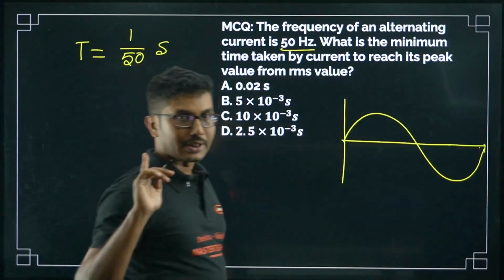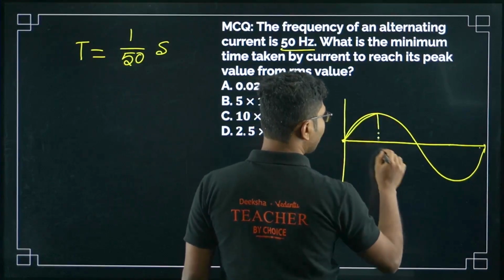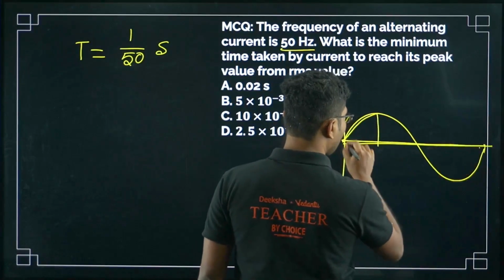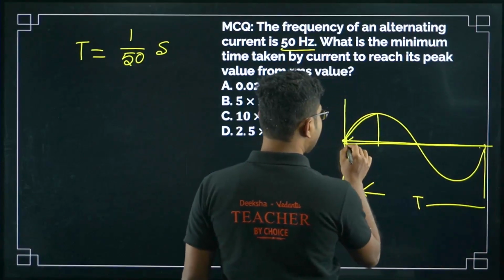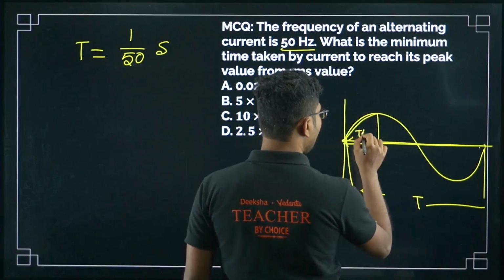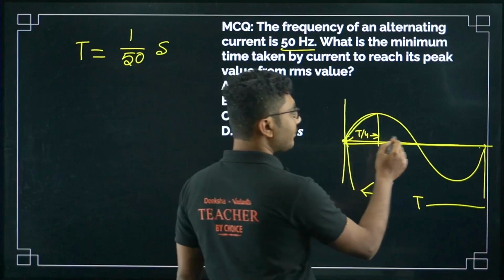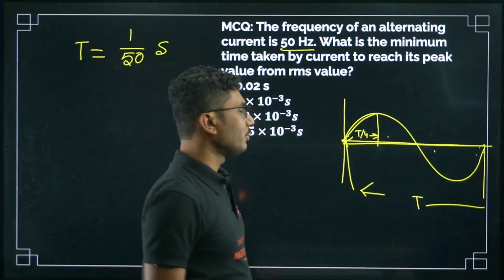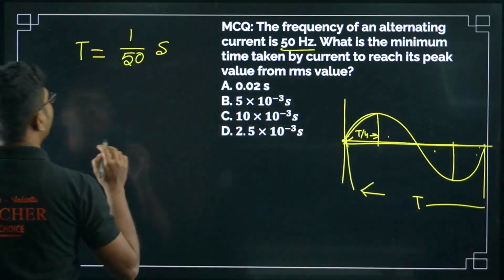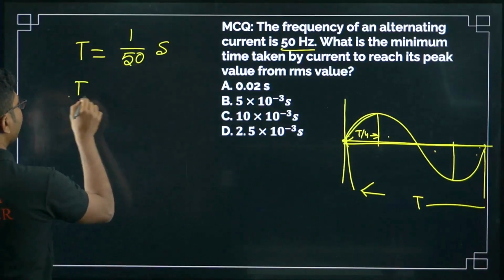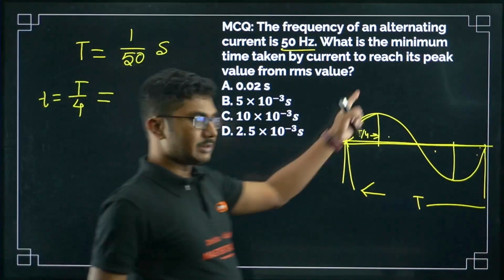The total time is capital T. That means this quarter must be equal to T by 4, and four such parts make the total time T. So T by 4 is the minimum time required to attain the maximum from 0.